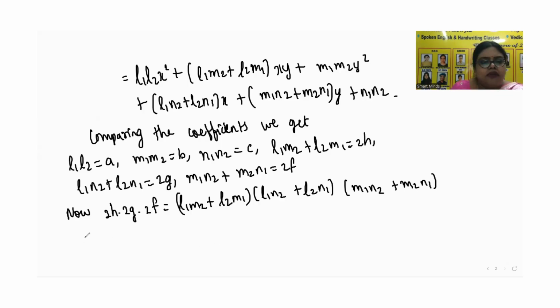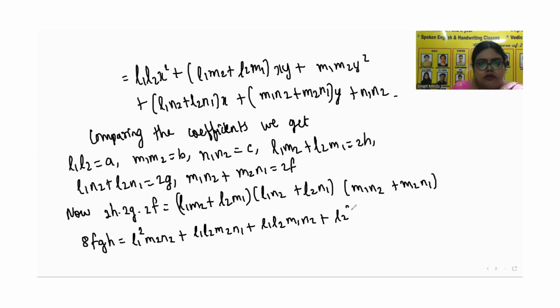So the left hand side we will get 8 FGH is equal to, now if you multiply the first two brackets, we will get L1 square M2 N2 plus L1 L2 M2 N1 plus L1 L2 M1 N2 plus L2 square M1 N1. This is by multiplying the first two brackets, into M1 N2 plus M2 N1.